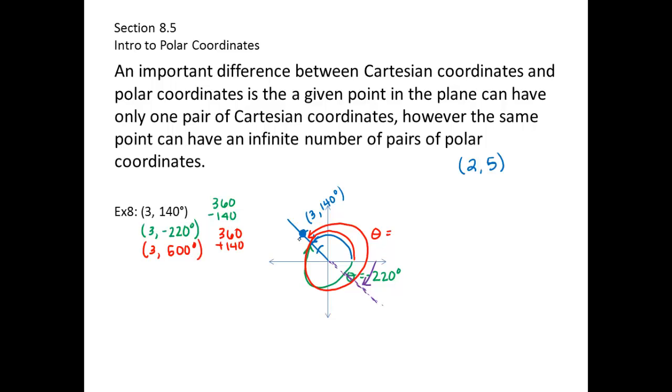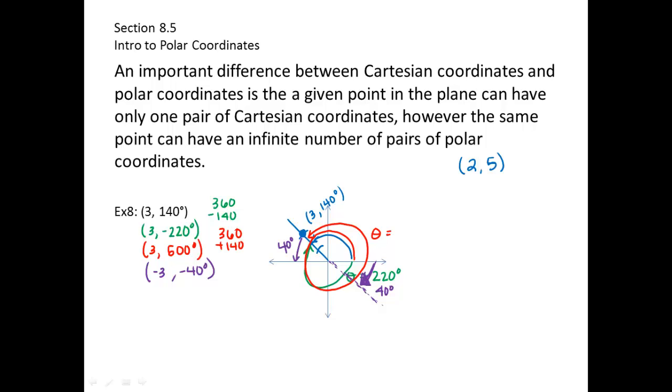Well, if this measure to get back to this is 40 degrees, so in other words, from my 140 down to the 180 is 40 degrees, then using vertical angle idea, this purple angle over here is also 40 degrees, negative 40 degrees. Oh, interesting. So if that is a negative 3, because we're going to go through the pole, and a negative 40 degrees.